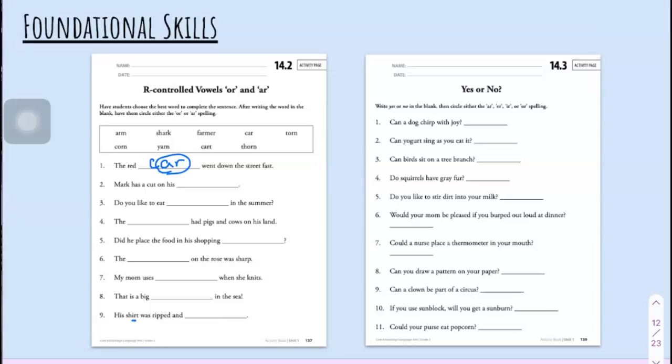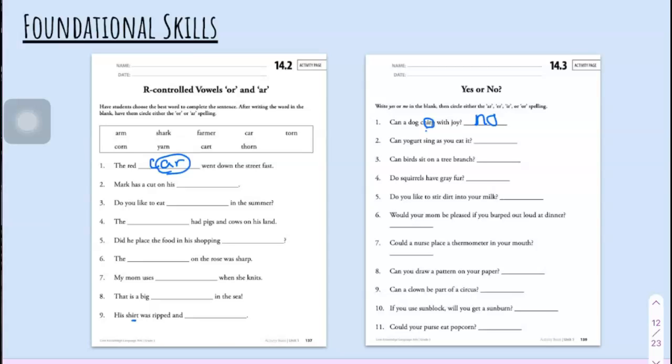The answer to that question is no. And now I need to find the AR, ER, IR, or OR word in that sentence. It's the word chirp, and I am going to circle the IR in that word.